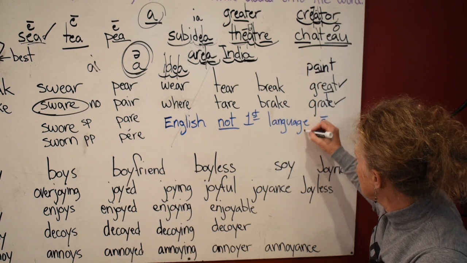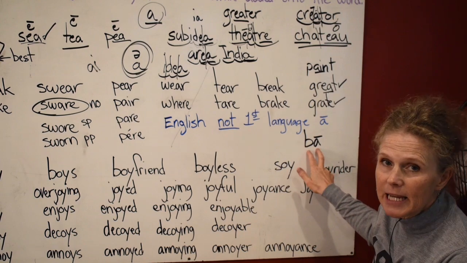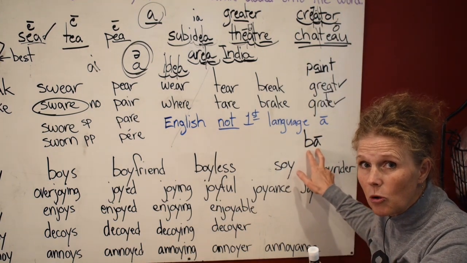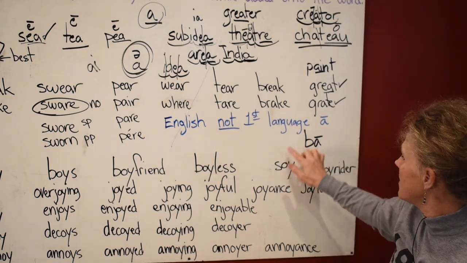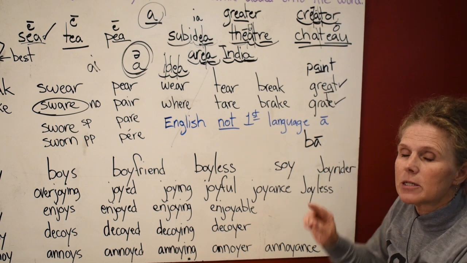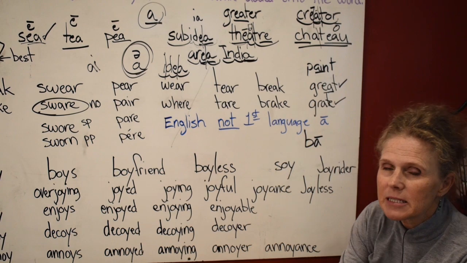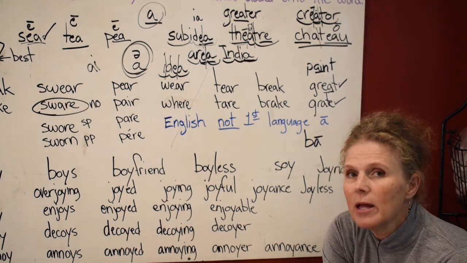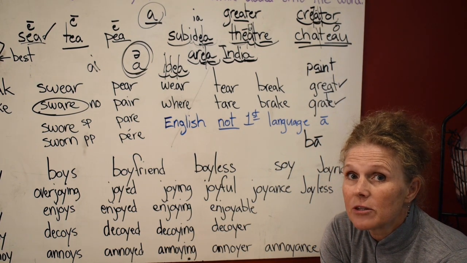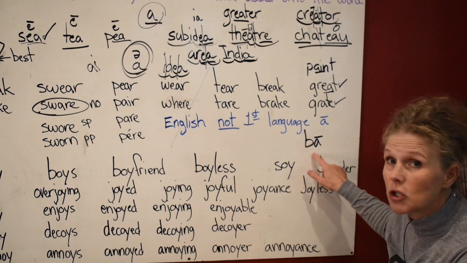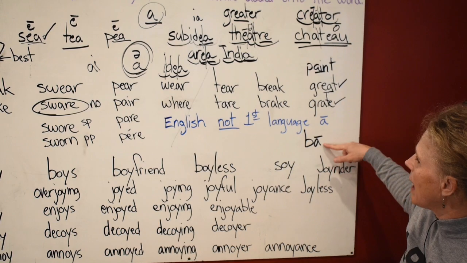And then this would be your long A if it's sitting in the accented syllable and it's open. This would be an open syllable, and it would say the long A sound. But when it's open like that, it has to be in the accented syllable. If it's not in the accented syllable, it's going to say the schwa sound. That's why this is so confusing. But that's another way to say bay.